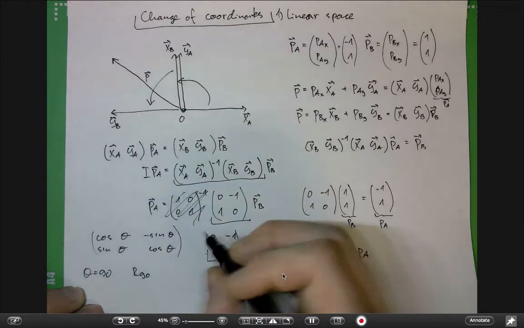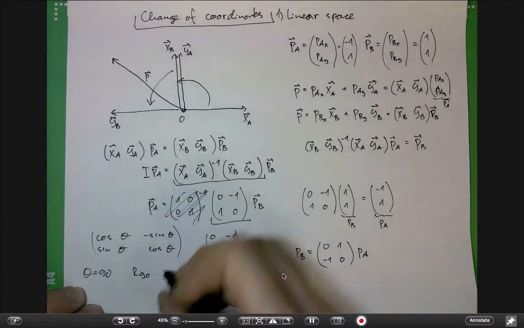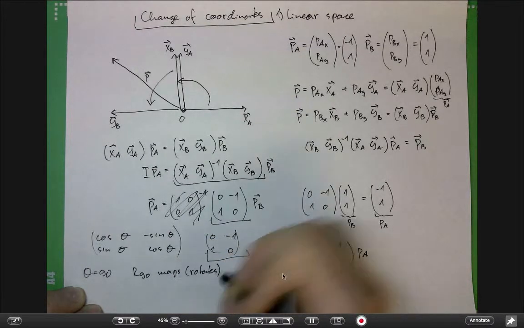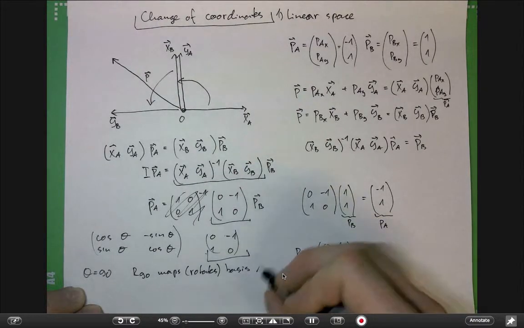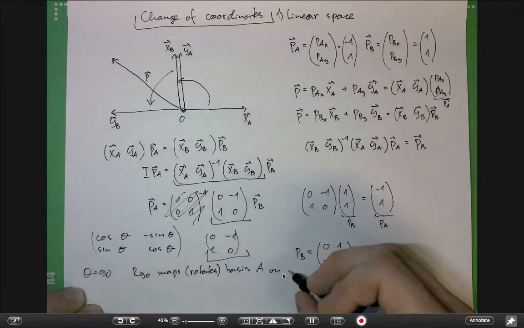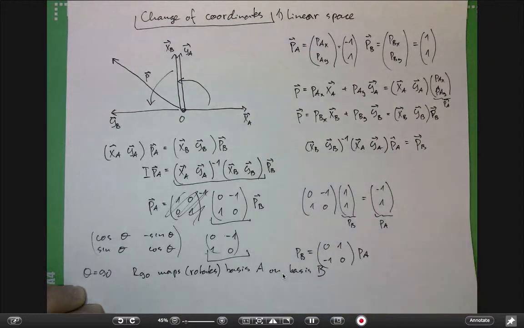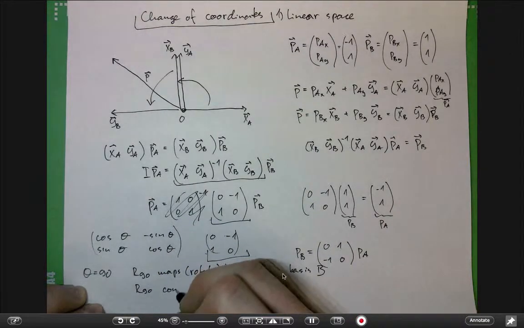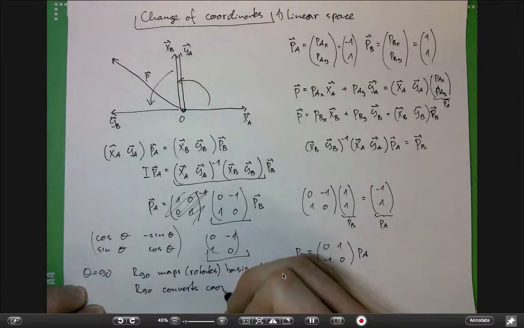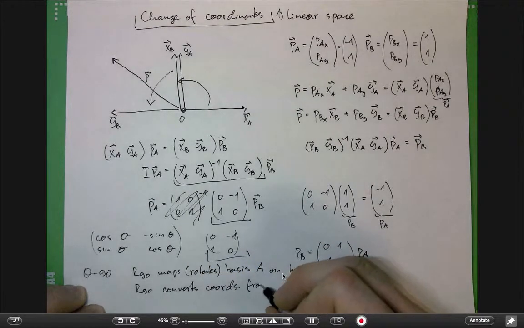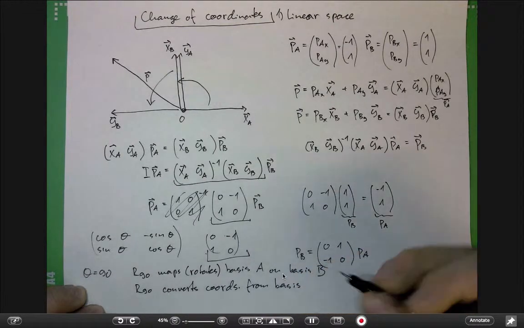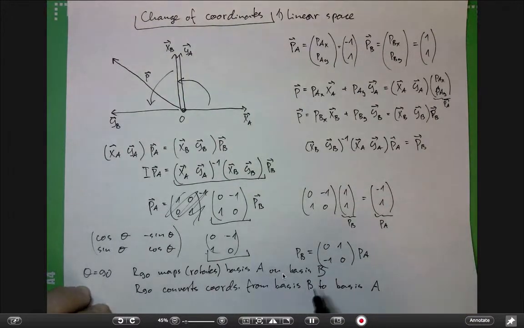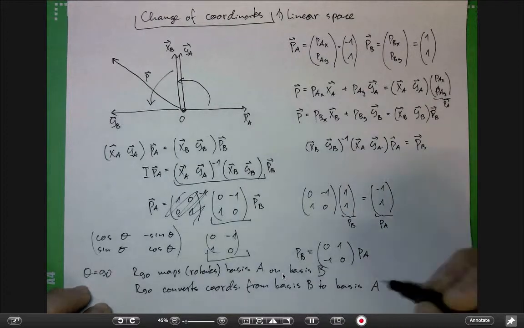R90 maps or rotates basis A onto basis B. The other thing the R90 does is it converts coordinates from basis B to basis A. And this switch is what I really want you to remember.